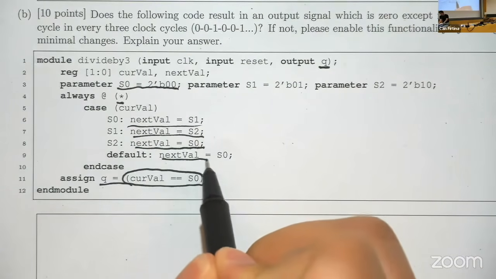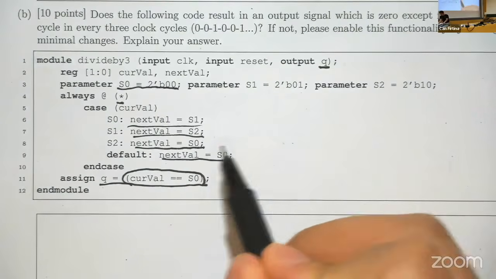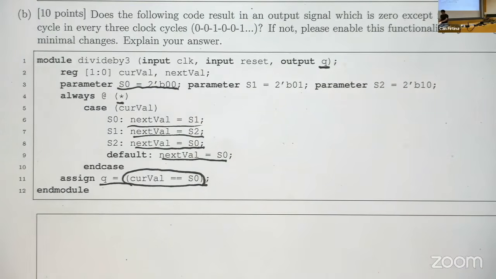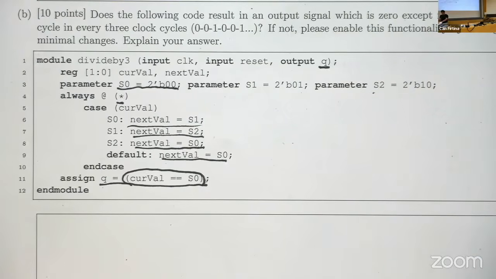And the default case is S0, but it's not really important because we covered all the cases for current value. But because it's 2 bits, we have to cover another value which is not encoded here as S3, for example. So we're just doing that to make sure that this indeed generates a combinational circuit. There's nothing wrong here.